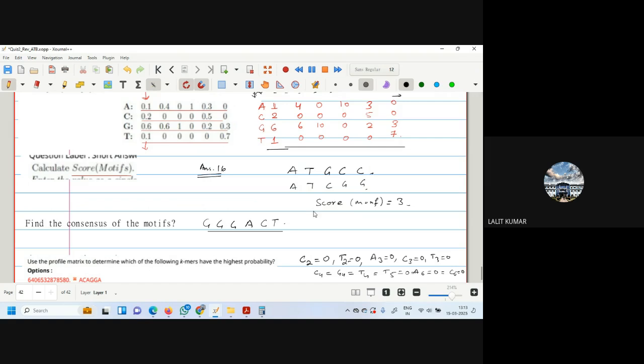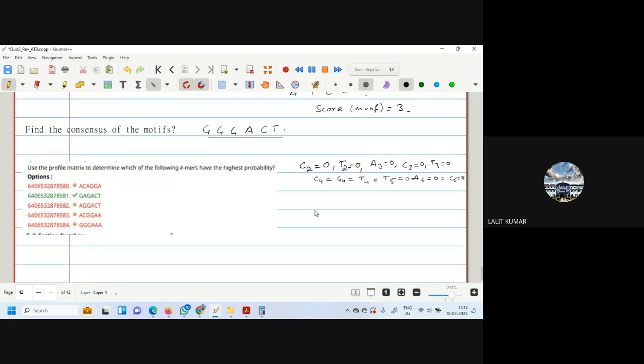So straight away we can eliminate all that. So try to find that C2. C2 is 0, so immediately we cut this. Here C2 is 0, immediately cut this.